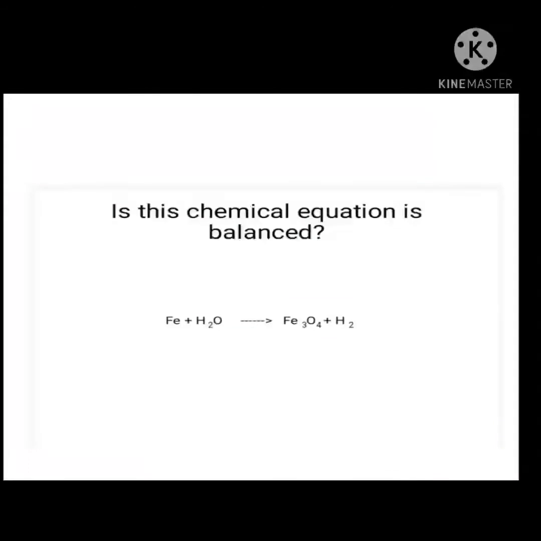Now we can say, by using the law of conservation of mass, whether the equation is balanced or not. For that, let us examine the number of atoms of each element present on both sides of the equation.